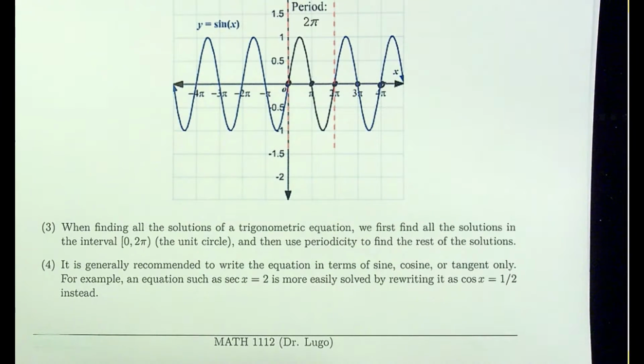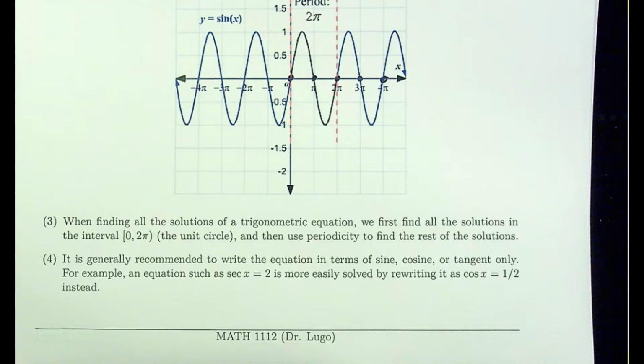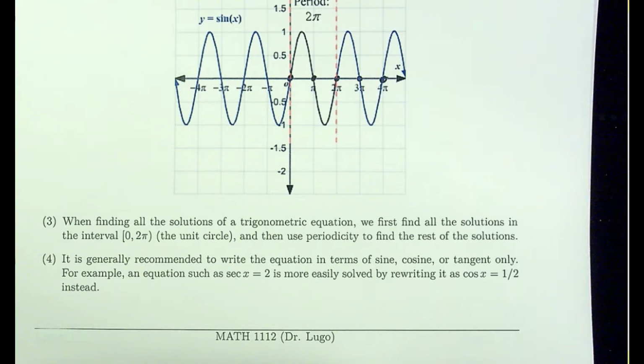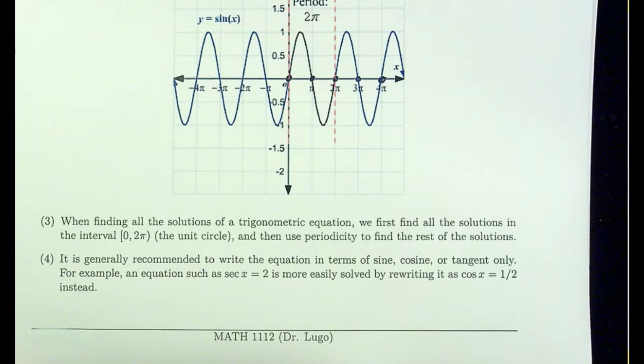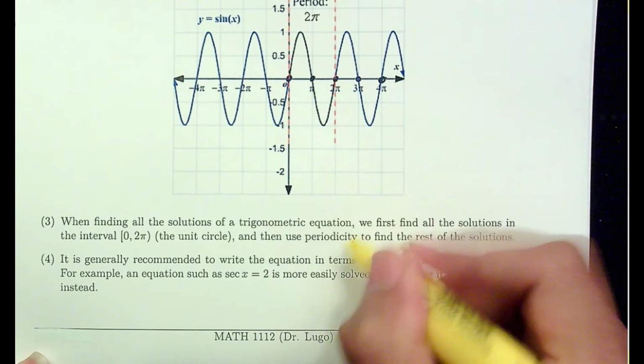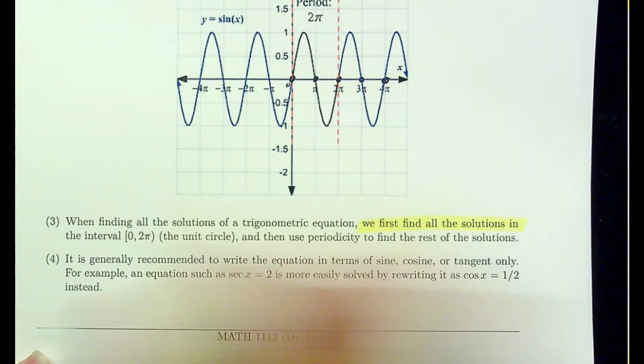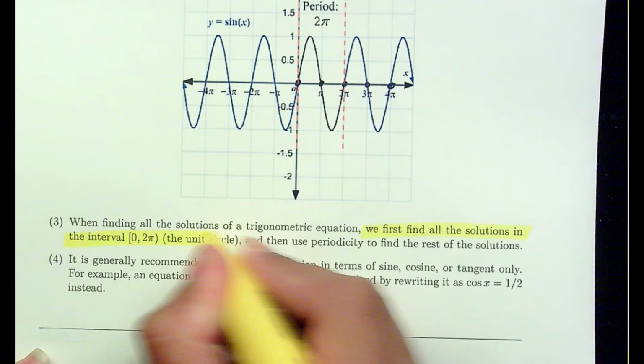The next thing we need to keep in mind is that when finding all the solutions of a trigonometric equation, the first thing we're going to do is find all solutions in the interval from 0 to 2 pi, in the unit circle. This is typically how we proceed when we're solving trig equations.